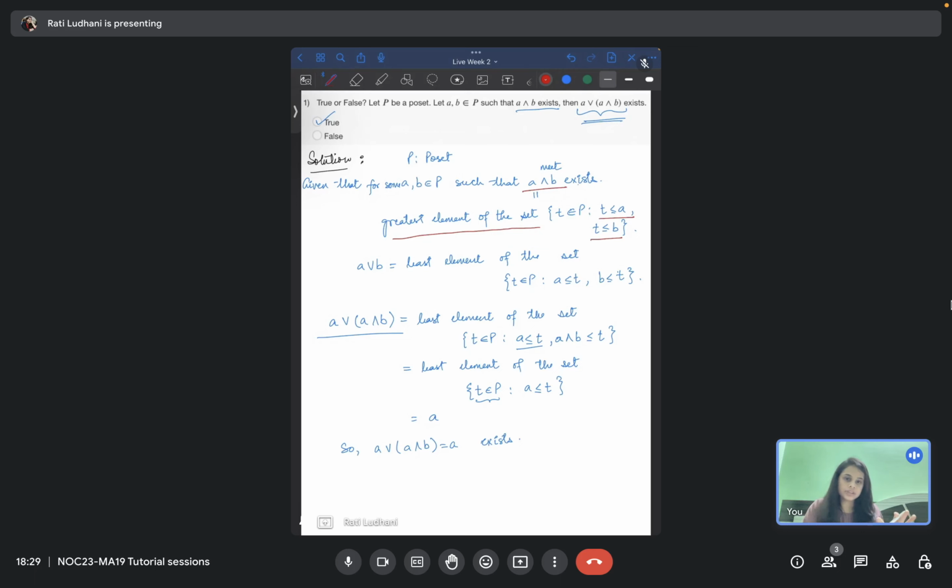The greatest element is at most one element which can exist in this subposet. And a join b will be the least element of the set of t belonging to P where a is less than or equal to t and b is less than or equal to t. I hope the definitions are clear, or you can tell me if you have any doubt.